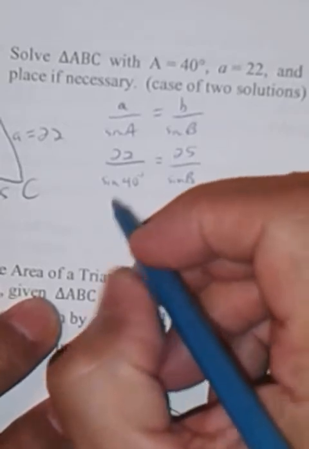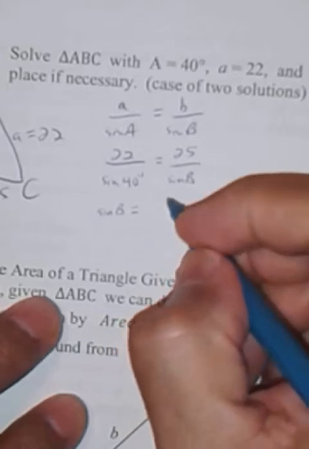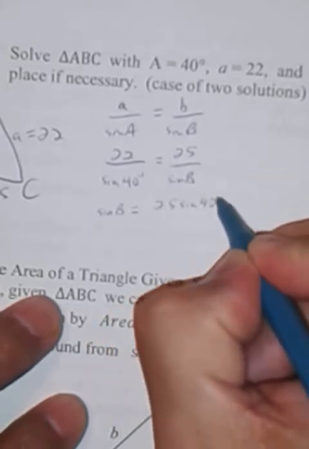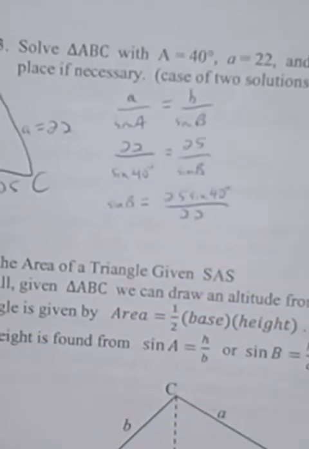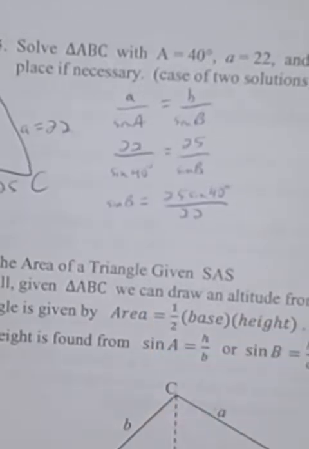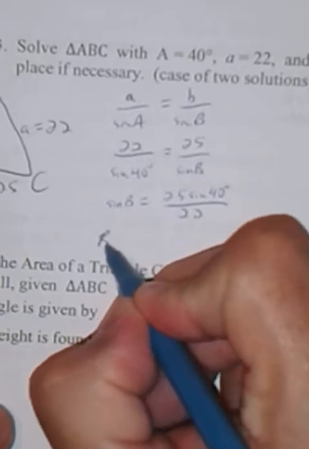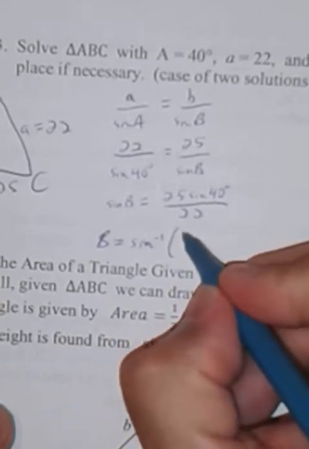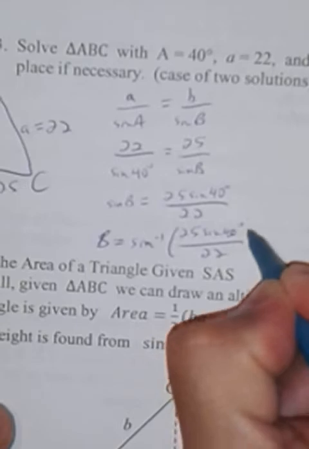Okay, so if we solve, we get sine of B equals 25 times sine of 40 degrees over 22. So B is sine inverse of that whole thing, 25 times sine of 40 degrees over 22.